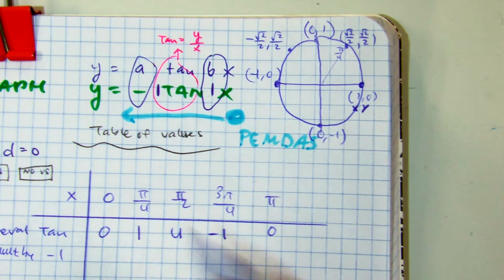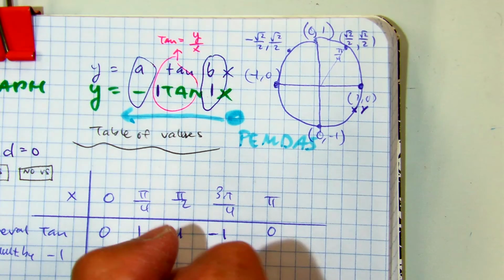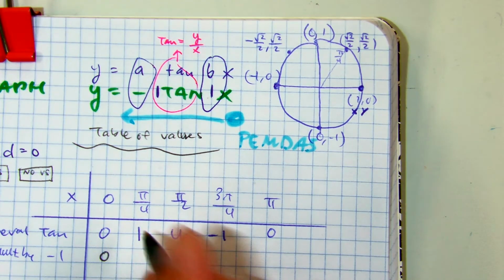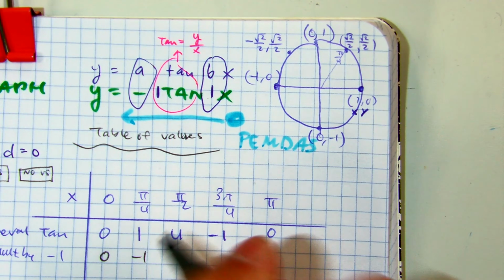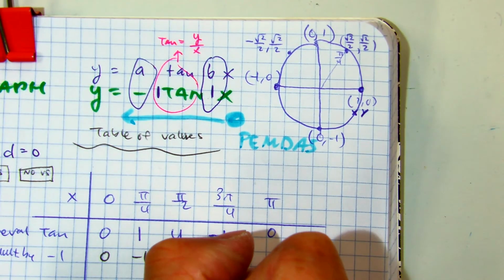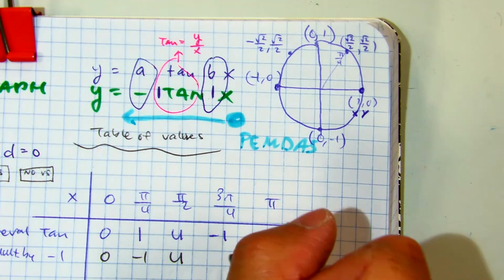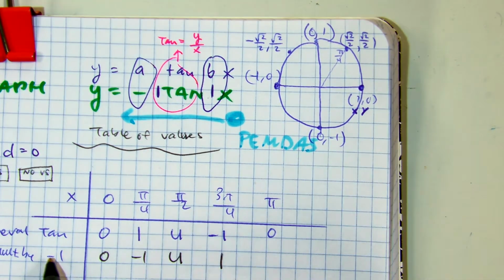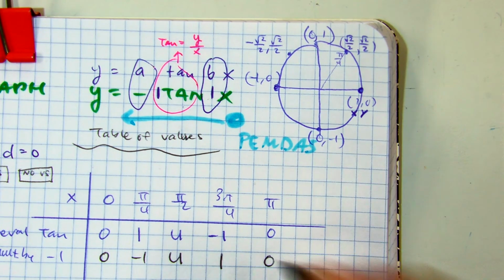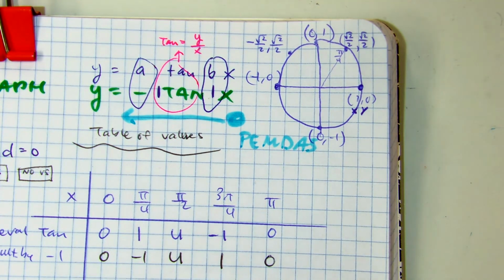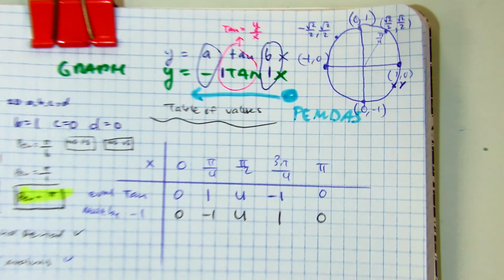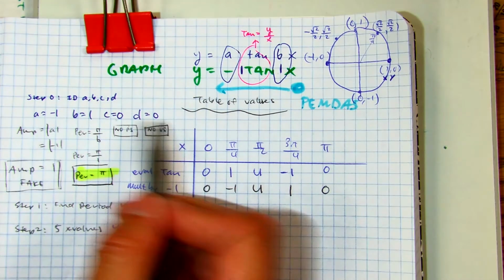Class, negative 1 times 0. Negative 1 times 1. Negative 1 times undefined. It's still undefined. Negative 1 times negative 1. And negative 1 times 0, 0. Identify your letters, find the period, 5 x values.